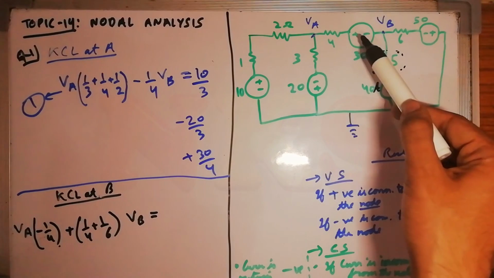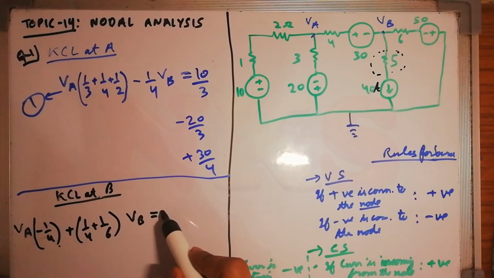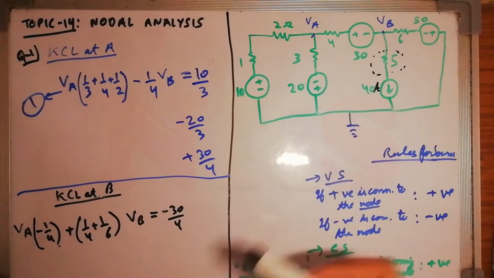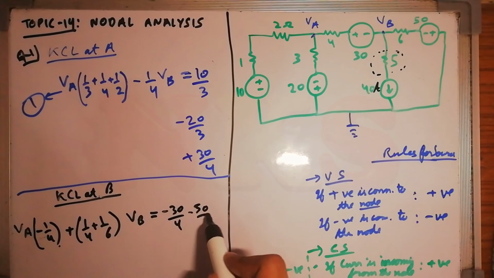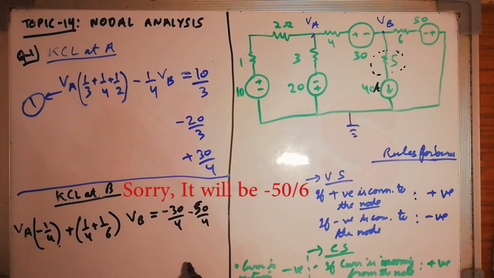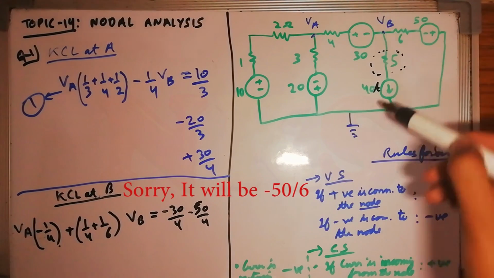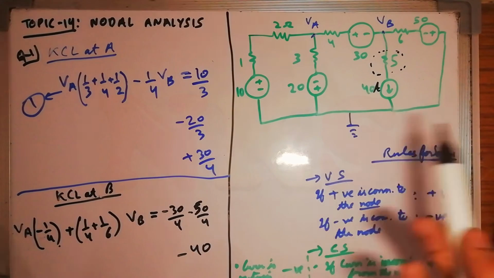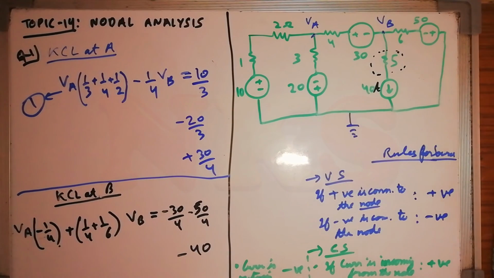Now see, minus is connected, so minus 30 divided by 4. Minus is connected, it will be minus 50 by 4. Current is leaving the node. Current is outgoing from node, that is leaving, so it is taken as negative, so minus 40. It is only a current, so we don't need to divide it. Okay, so this is our second equation.